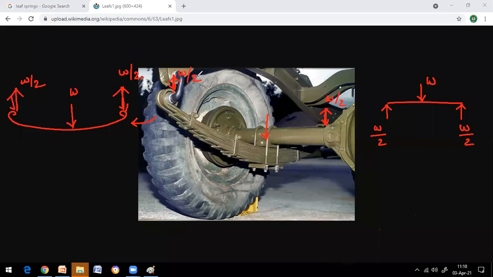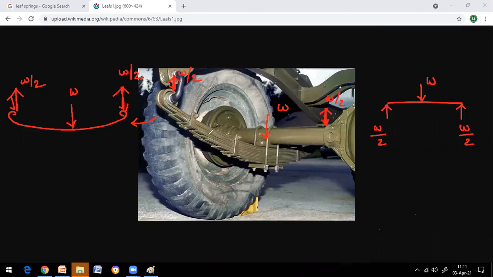When the load W is applied at the center, the change of curvature of each plate is uniform. Kada? This bend in on first plate, second plate koda same ga bend avutundi. Third plate, fourth plate.